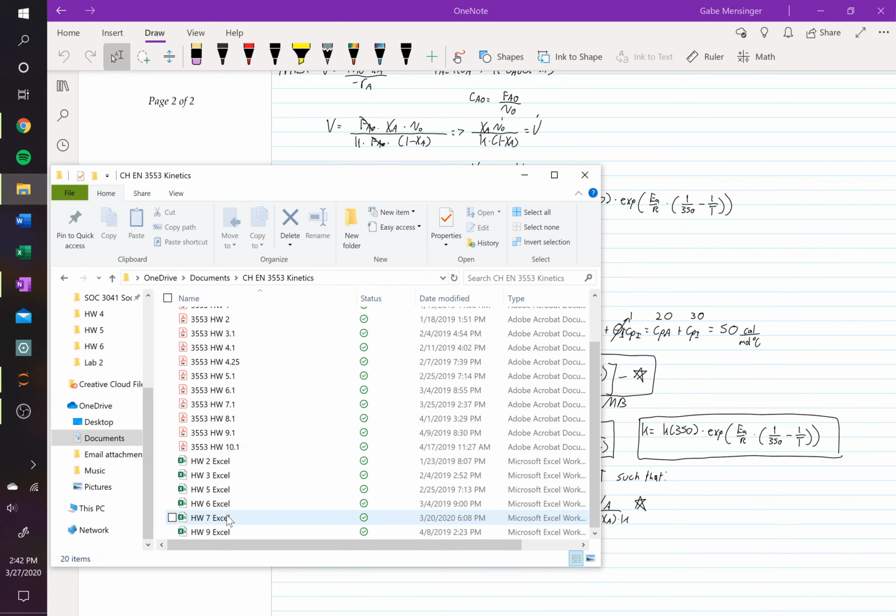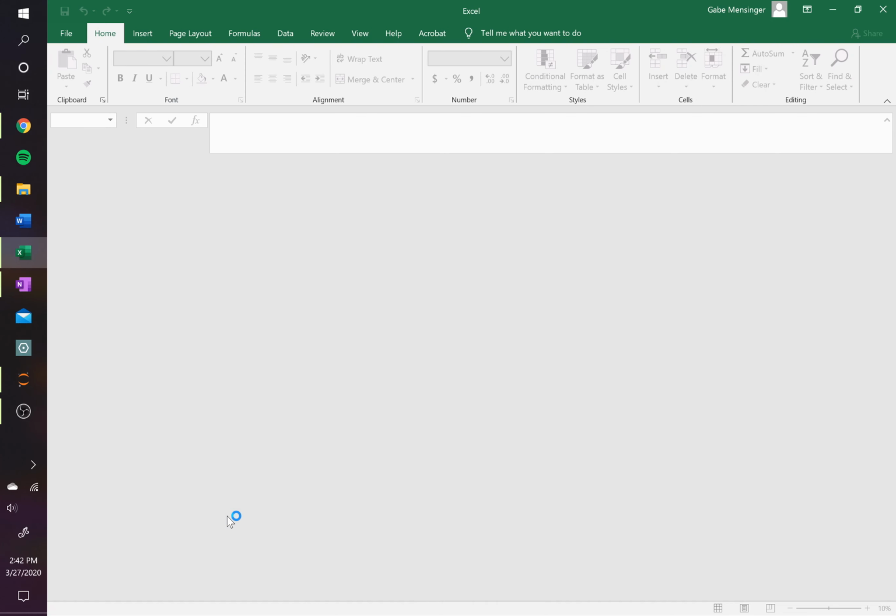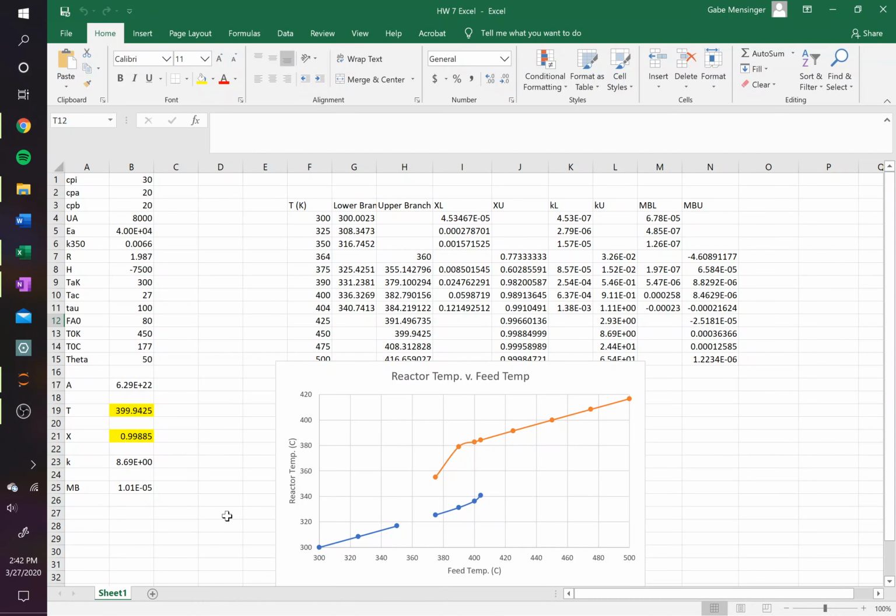Because if you did get a graph for part B, that's a good indicator that your solver is working, and it could just be that your guess is not quite correct. So one of these is wrong. I gotta figure out which one it is. It's this one.